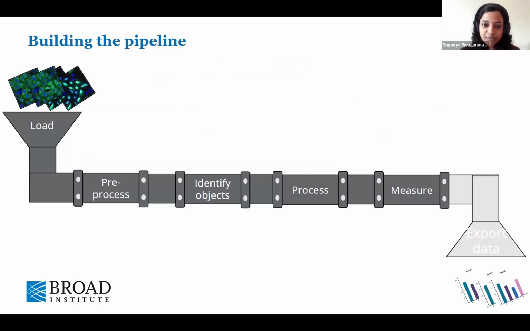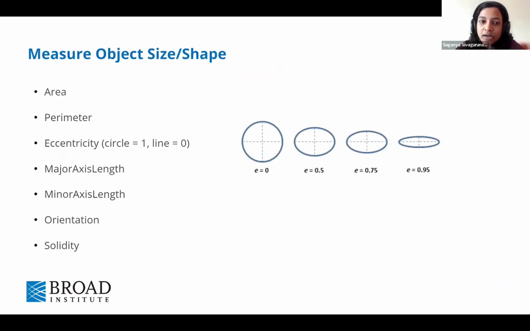And now the fun part. We have built the pipeline, identified the objects, and now the measurement modules. The main advantage of CellProfiler is you get a lot of measurements out. For example, when you add a module to measure area, it is not just area that you get out of this module.